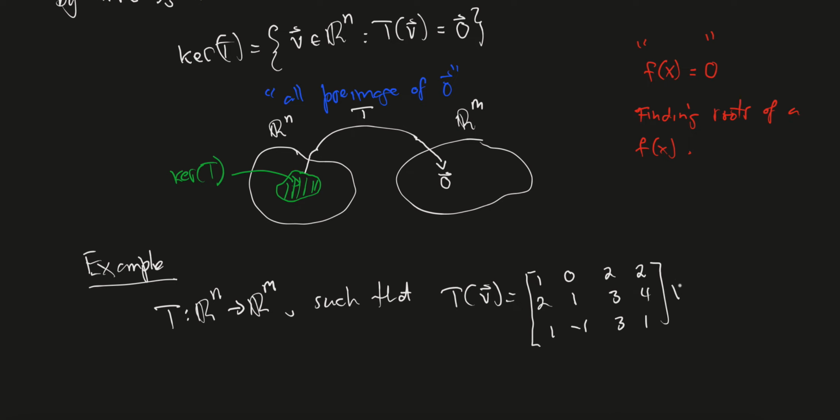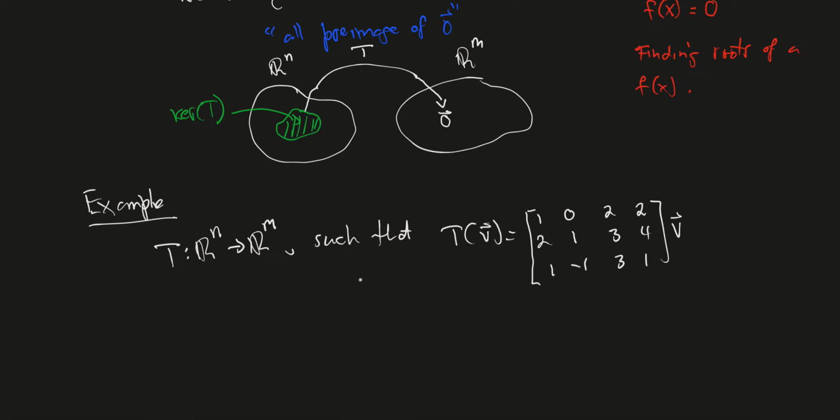And then what does it do? It multiplies my vector, right? So based on this little definition, I know that V has to be an element of R4, right? Because in order for this matrix multiplication to work, V, my vector, would have to have 4 rows. So therefore, our domain in this case would be R4, so my n is equal to 4.